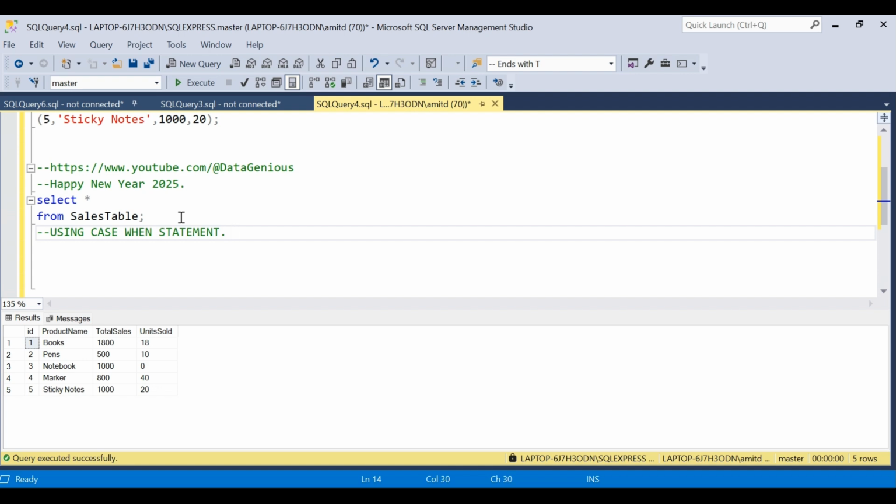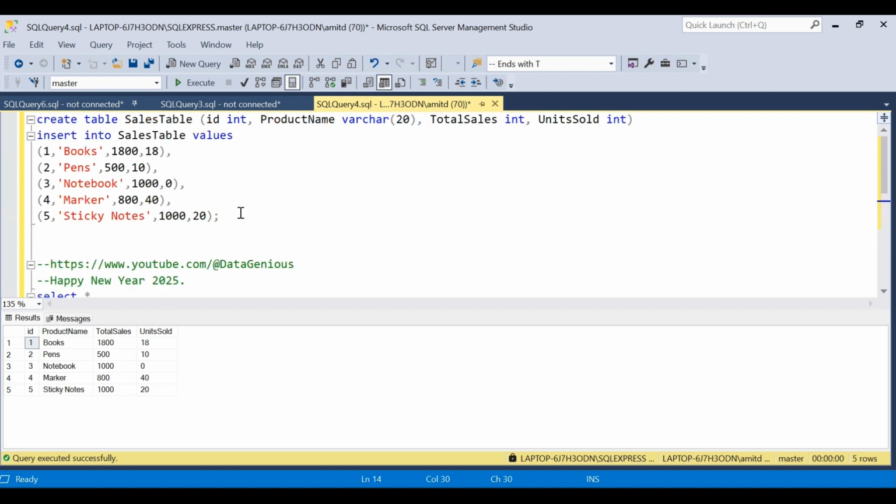So let's understand the table basically. We have one table, that is the sales table, with columns like ID, product name, total sales and unit sold.